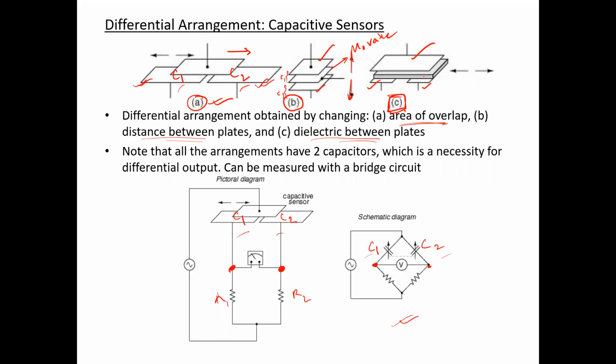So in this way, following the three principles, the differential arrangement of capacitance can be obtained, and finally the output can be taken as the difference between voltages using a bridge circuit.